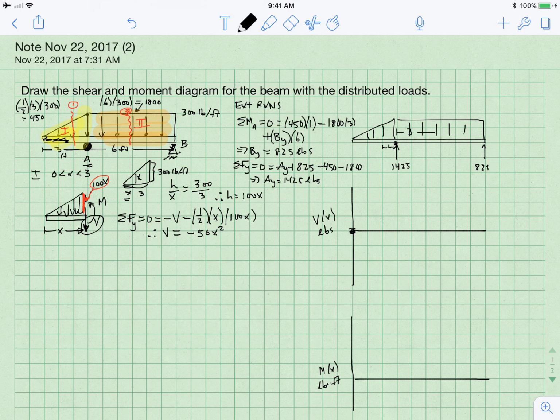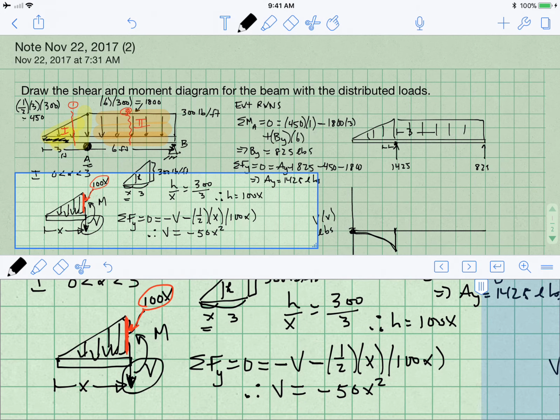And at X equals 3, I will have negative 450, I believe. So right here at X equals 3, I will have dropped to negative 450, and it ends up looking something like that. And so that's what's happening between 0 and 3.